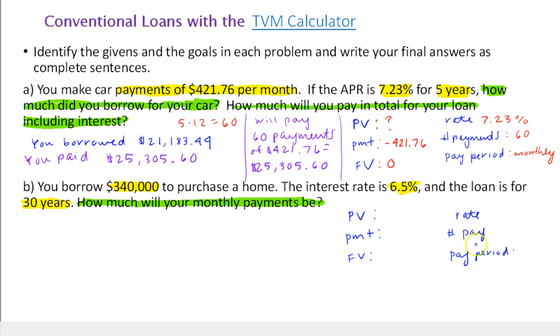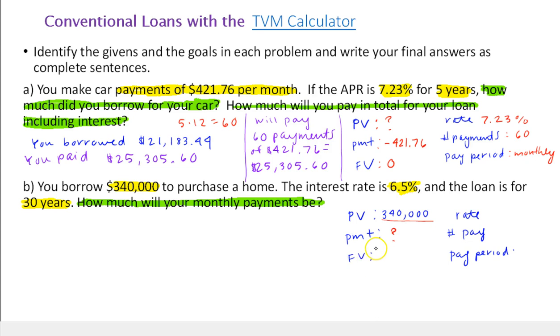So now let's fill in these values. So at the start of the loan, you are given $340,000. Okay, so since you are given this, it's going to be considered positive. Your payment is what we're asked to find. So I'm going to put a question mark there.